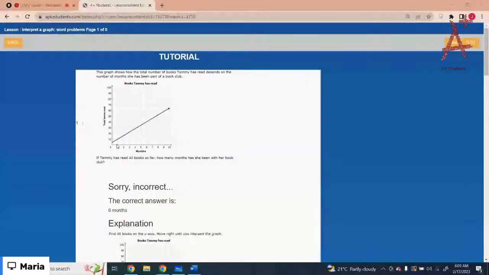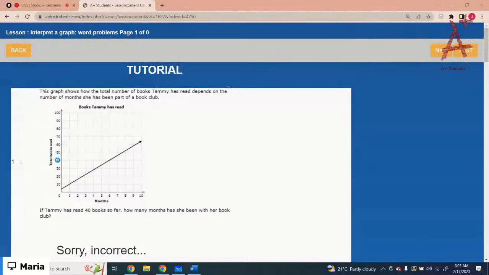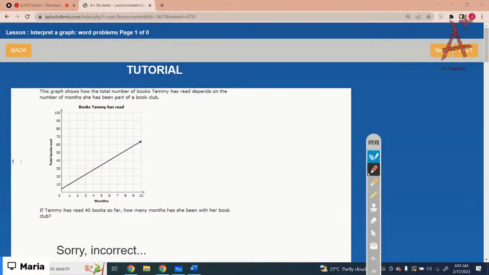Okay, so here on the x-axis you have the months, and on the y-axis you have the total books read. Got it? So if Tammy has read 40 books, so here is 40. Just match the 40 to the x-axis. Got it?